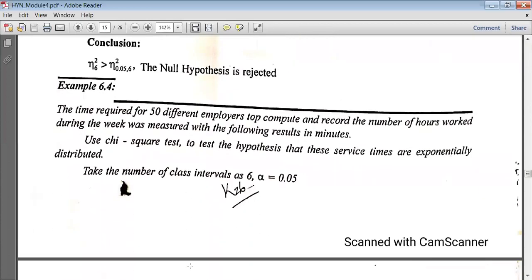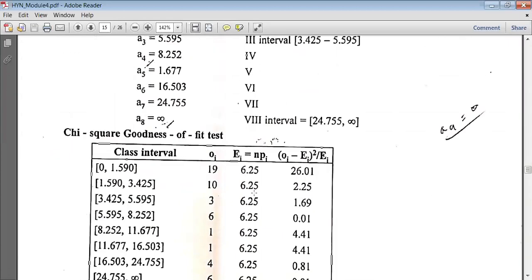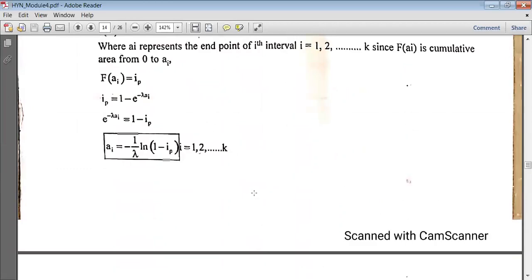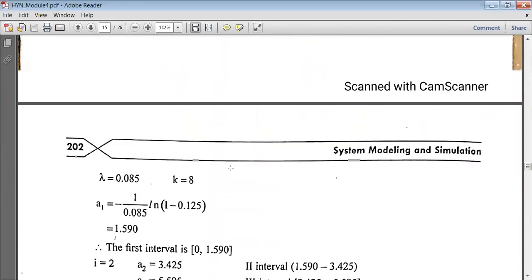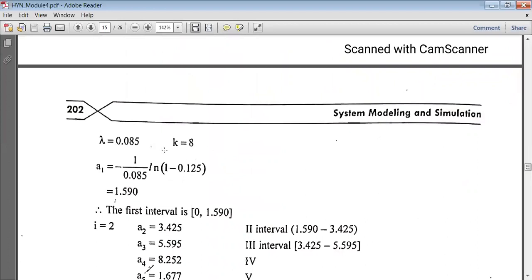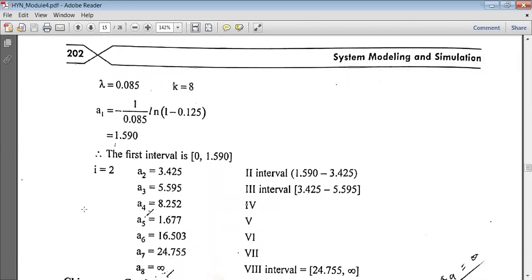There is one more problem here. In the question they would have specified the number of class intervals. So this k value initially is equal to 8, which you have to assume here.